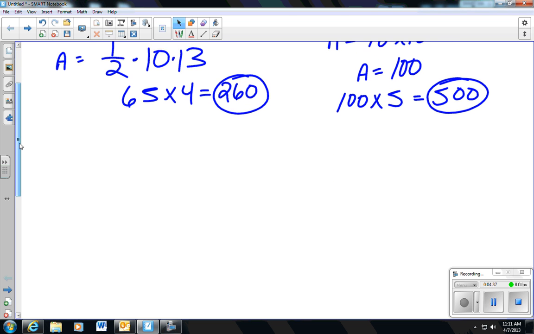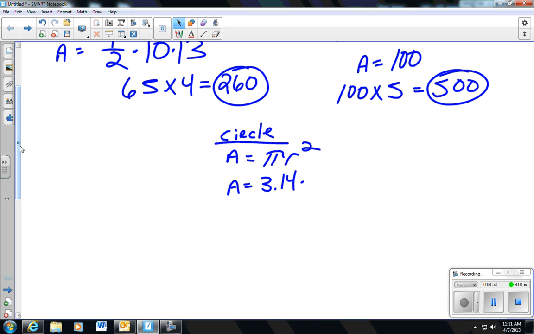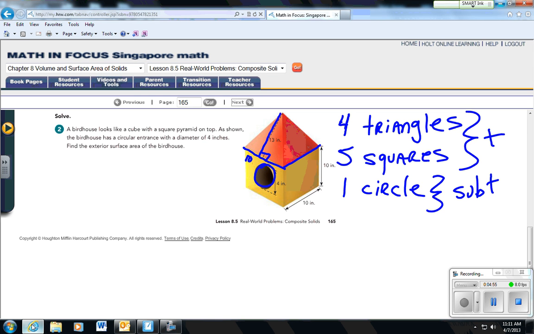Now we need to find the area of the circle. And the area of a circle is area equals pi r squared. So area equals 3.14 times the radius. If we go back, you'll see the radius of the circle. It tells us that all the way across is 4, and the radius is only halfway across.